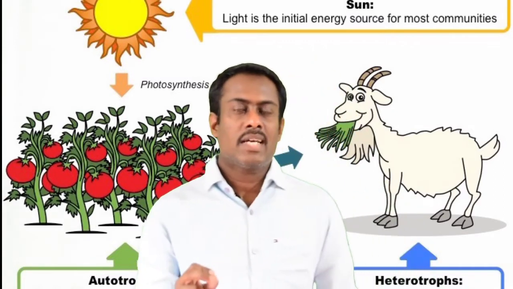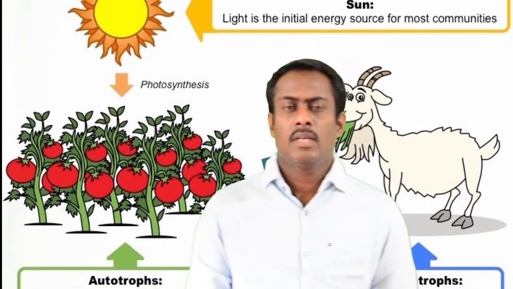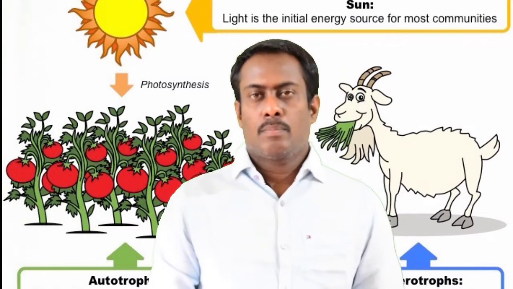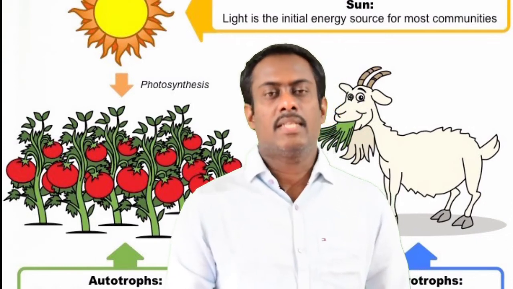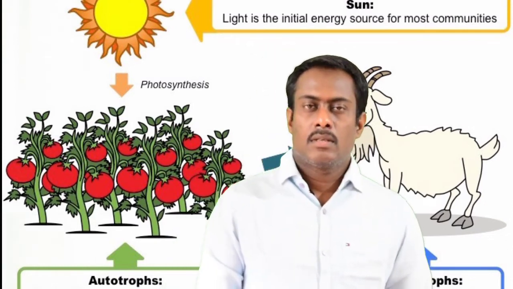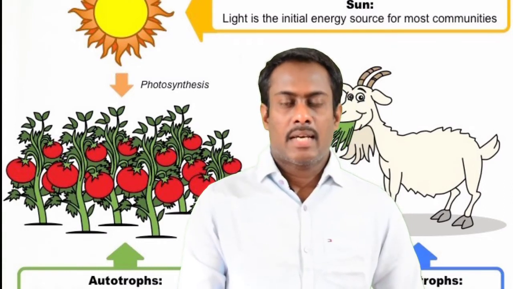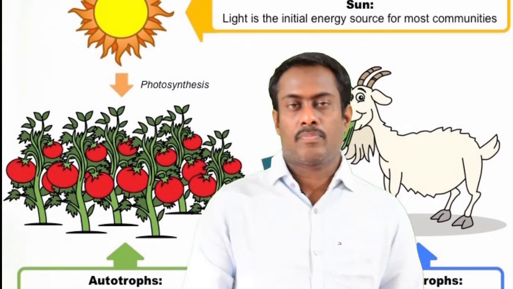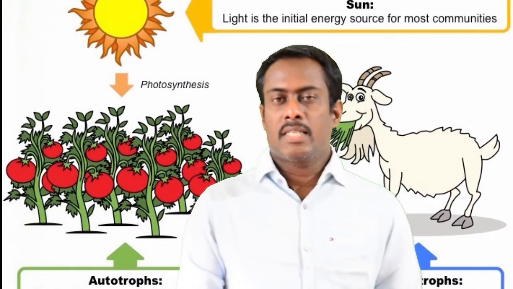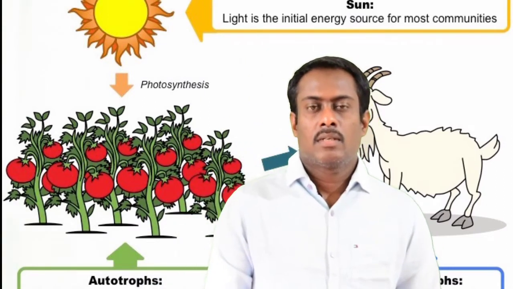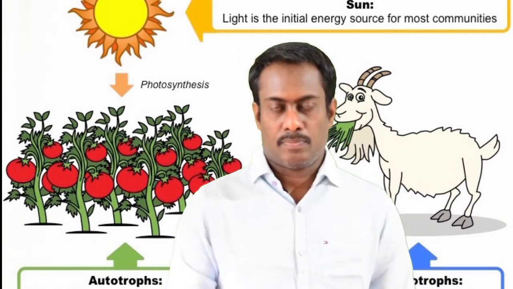There are two kinds of nutrition. Some organisms can synthesize their own food from simple raw materials like water, minerals, sunlight and carbon dioxide, and store the energy in their cells.